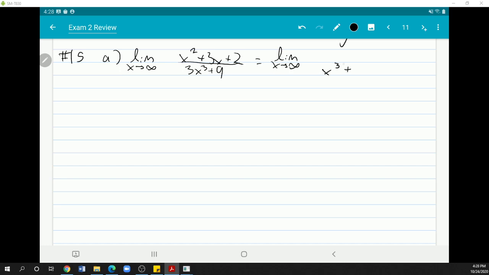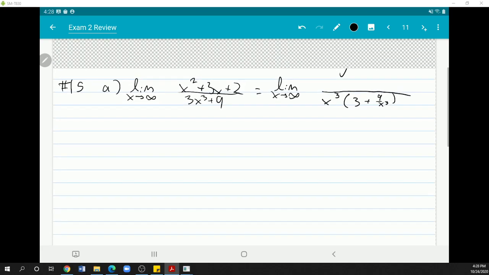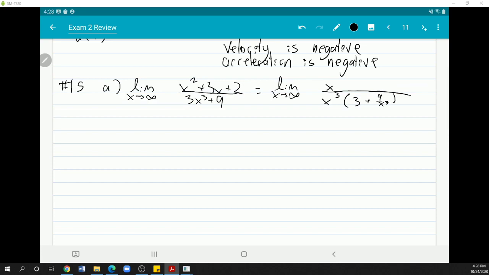So I get x cubed times 3 plus 9 over x cubed, all divided by x cubed. And if I divide through, I get 1 over x plus 3 over x squared plus 2 over x cubed. I can FOIL that to make sure it actually works, but that's the idea.